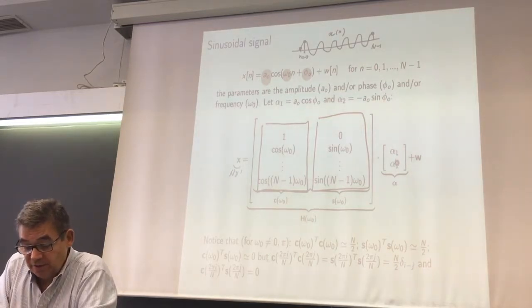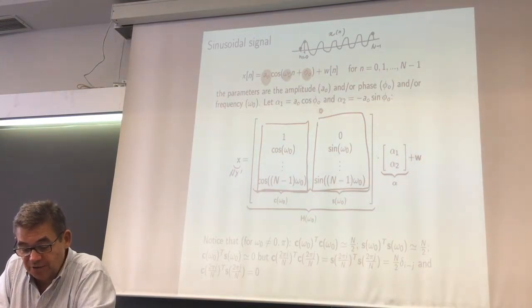And I have alpha 1, alpha 2, which contain the amplitude and the cosine of the phase, and the amplitude and sine of the phase.